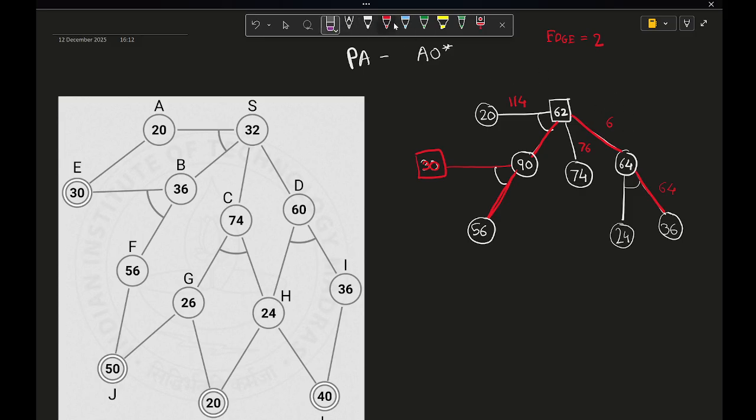Now if this becomes 66, this is 114, this is 76, so of course it will pick 76, right?